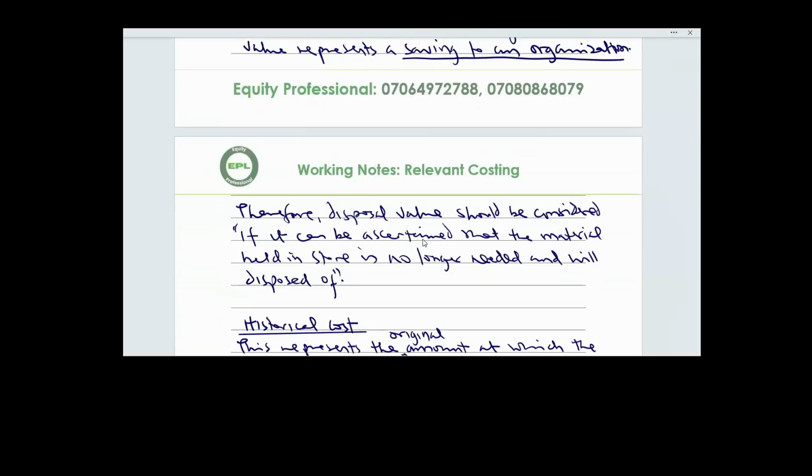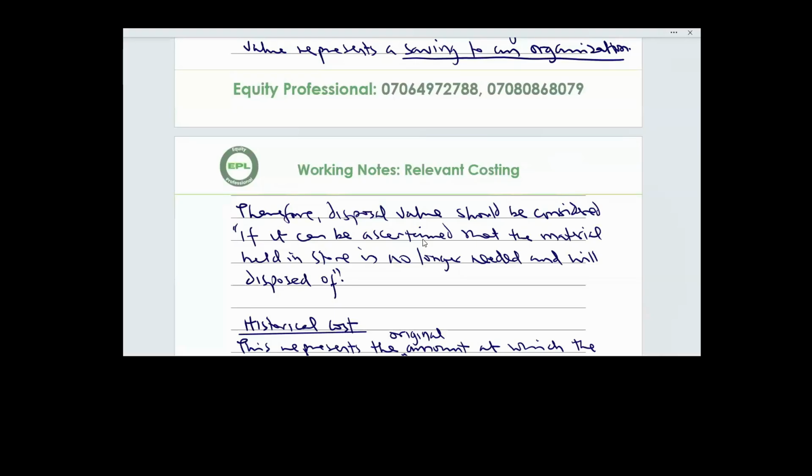I also emphasize that in a question, the examiner will not tell you that disposal value is a saving. You are going to be told that it is to be disposed of at a cost. It is not a cost, because you are the one that will interpret it. No matter how the examiner describes it, it is a saving, not a cost.